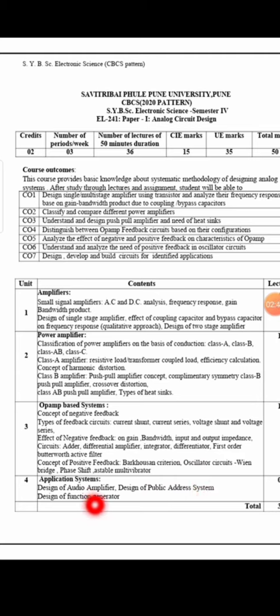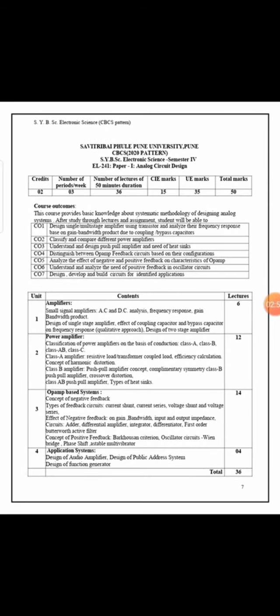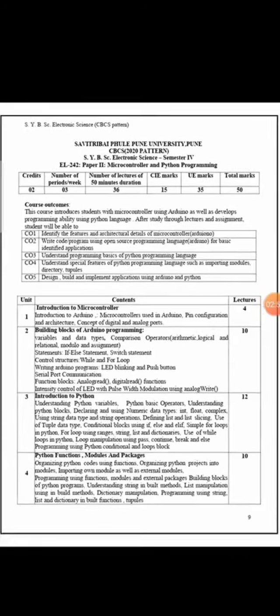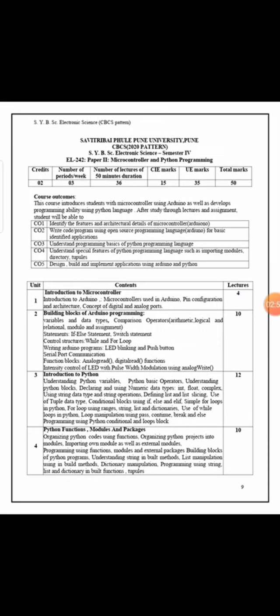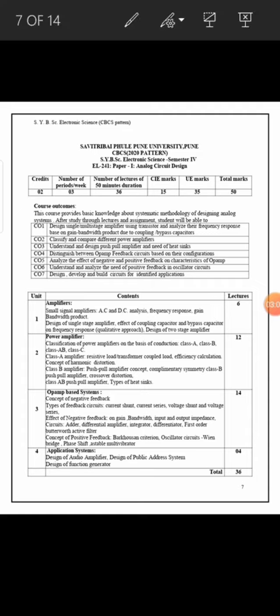Then design of function generator. So this is all about paper 1, that is analog circuit design. Here we have the reference books list that we are going to study for analog circuit design.